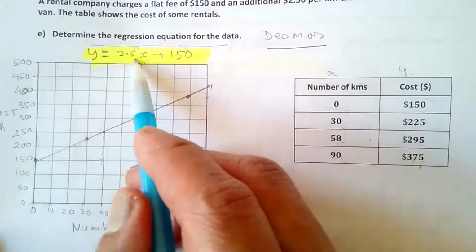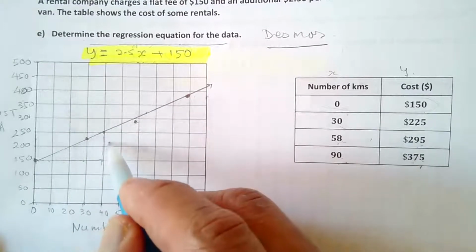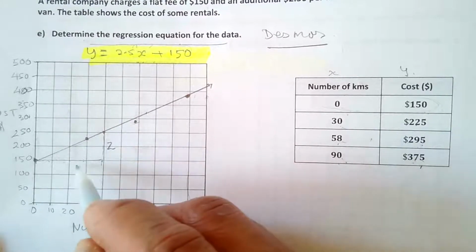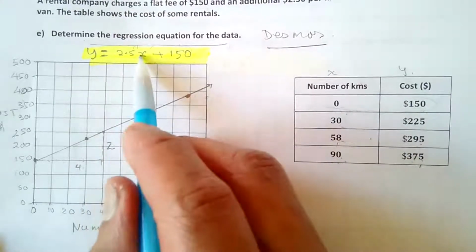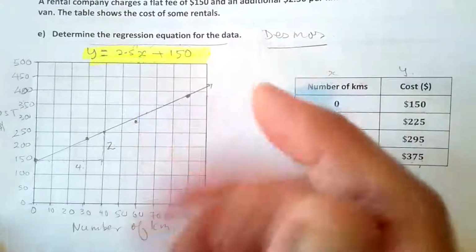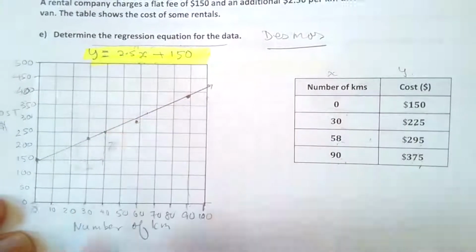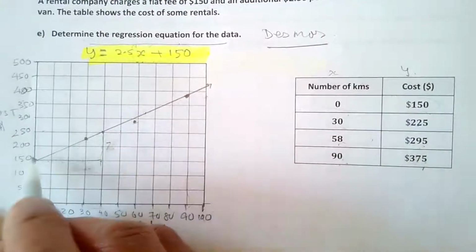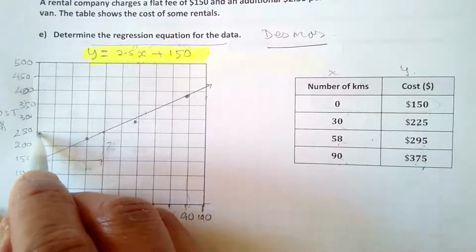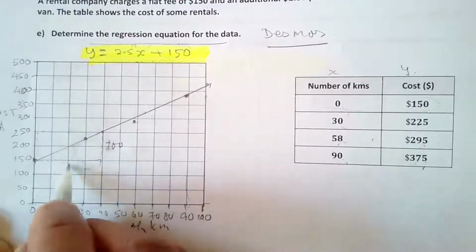Now this is not as precise. You have 1, 2, 3, 4. So we have 2 here, the rise, and 4. Now this would give us a half, but the slope is 2.5. Look at our scale. Our scale is so different. So the rise here is from 150 to 250, which is 100. Our run is 40.